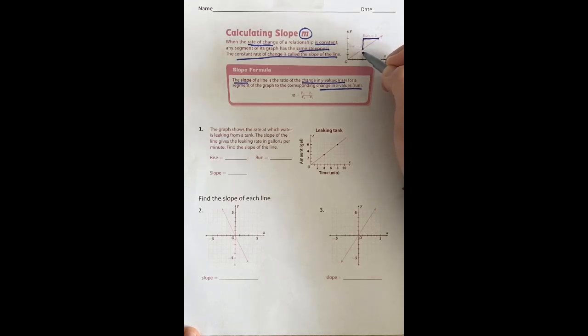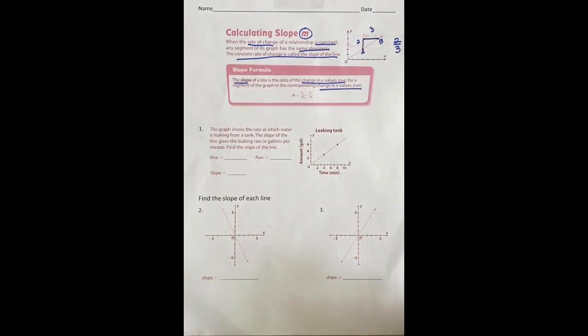So to get from point, I'll call this A, to point B, I would have to rise up 2, and then I would have to move to the right 3, which means my slope here would be 2/3, because you're doing your rise over your run, your change in your y value over your change in the x value.